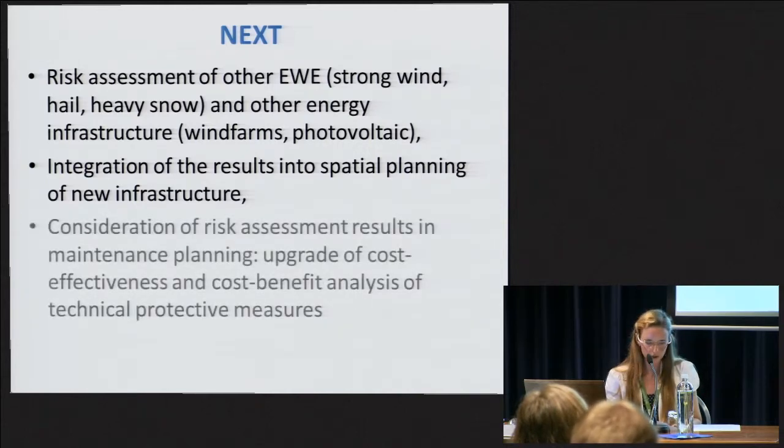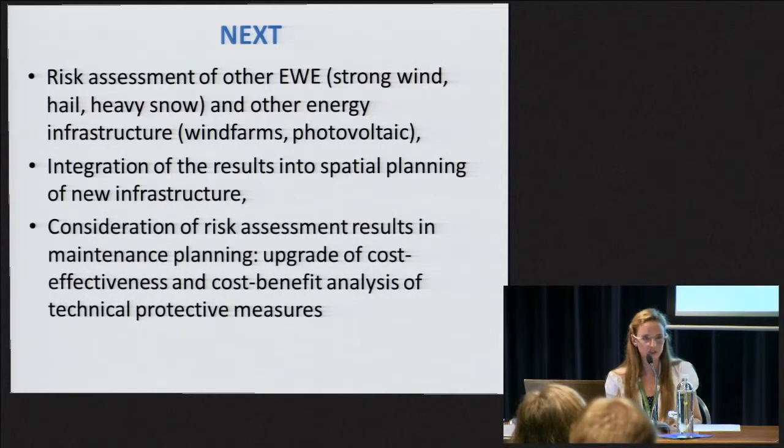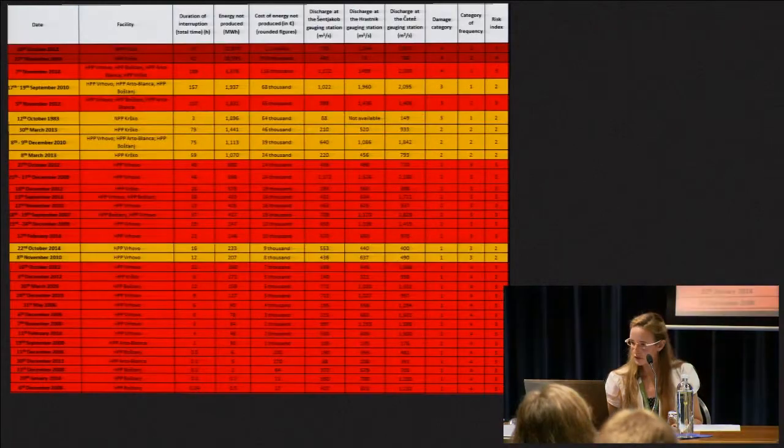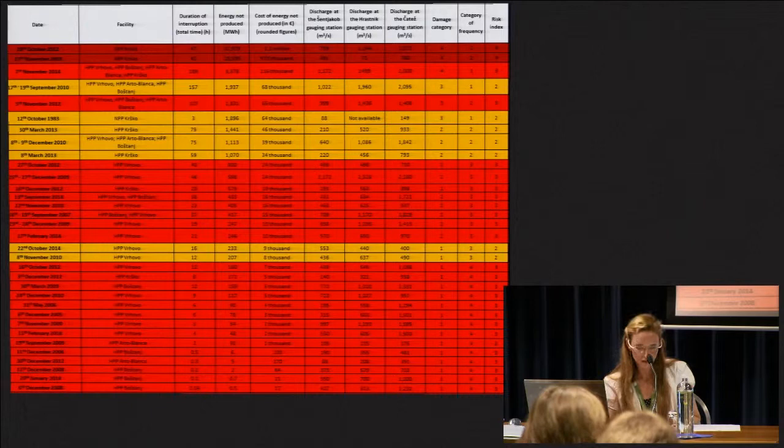Another thing we still plan to do is consideration of risk assessment results in maintenance planning. One case of good practice in Slovenia was adjustment of the intake facility for cooling water at the nuclear power plant Krško. As you can see from this table, the first two lines that are dark red are interruptions of the nuclear power plant, which happened due to clogging of the intake facility for the cooling water.